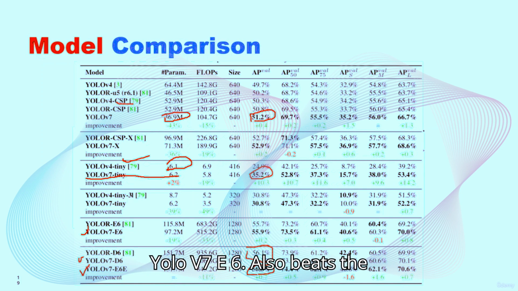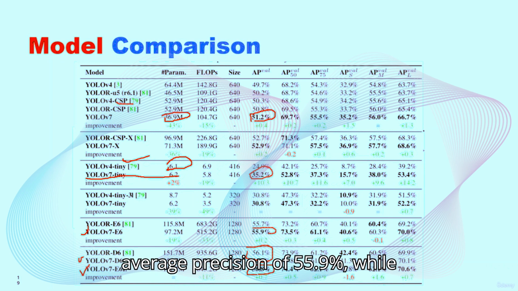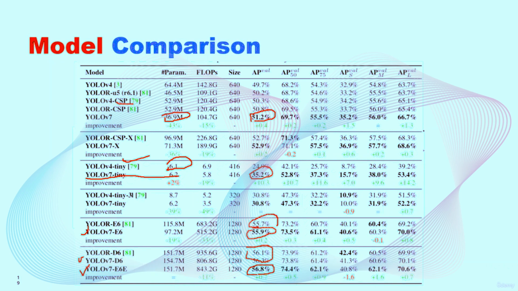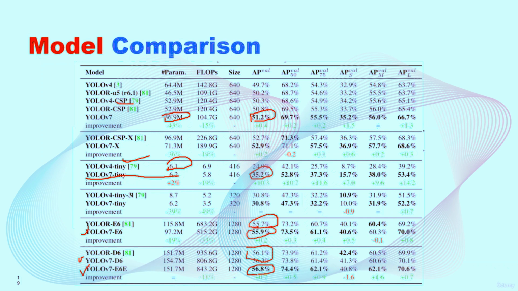YOLO v7 E6 also beats the YOLO R model. YOLO v7 E6 gives an average precision of 55.9%, while YOLO R E6 gives 55.7%. So in all cases, we can see YOLO v7 outperforms the prior YOLO R and YOLO v4 models.